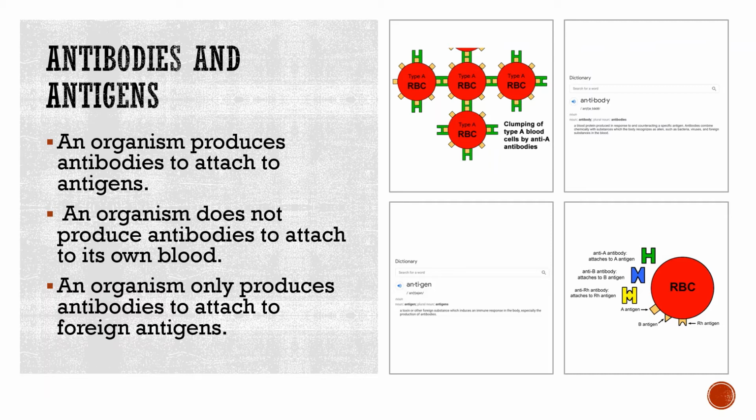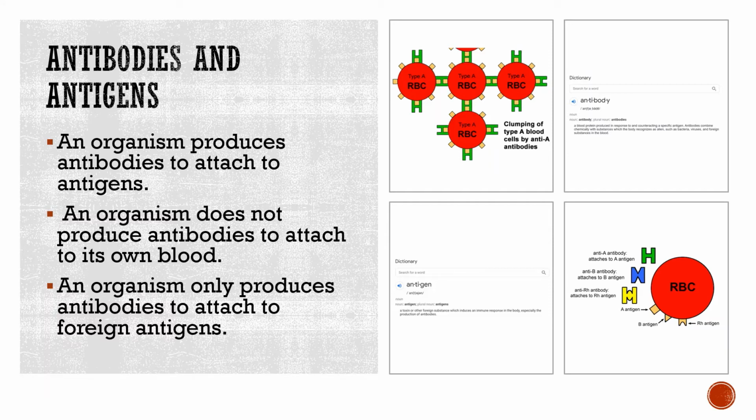So what happens is, say, for example, you've got A blood, and those antigens are floating on the surface of those red blood cells, and then B blood comes into your system somehow. You're going to make anti-B antibodies that will attach to the B antigens sticking off the surface of those B blood cells.